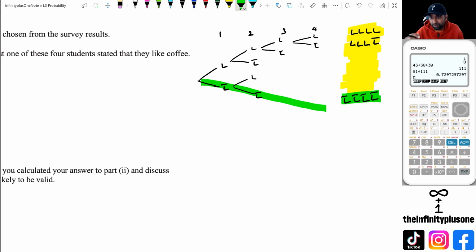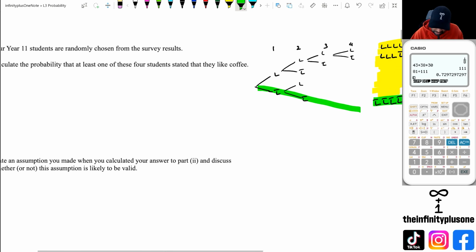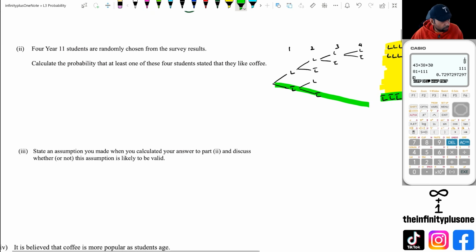The yellow parts are where you've got at least one kid that likes coffee. So we're going to find the probability that no one likes coffee from that 4. We need to have a look at how many year 11 students there are first, and then how many of them don't like coffee.